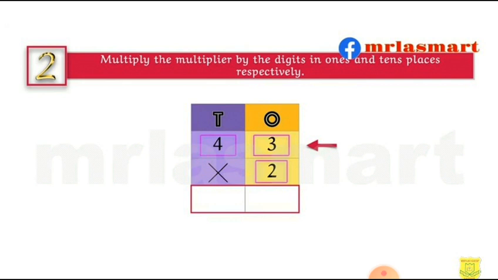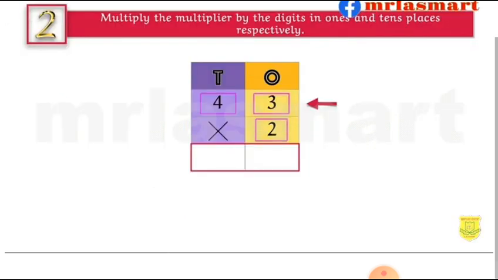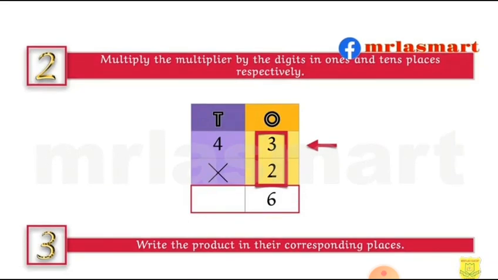So you have to multiply 2 with 3 first and after that 2 with 4. Multiply the multiplier with the ones place digit and then with the tens place digit. Clear, children? Then we will start the multiplication now.